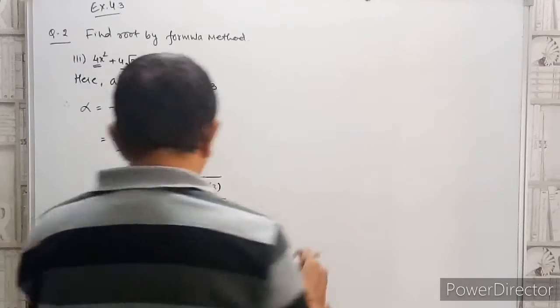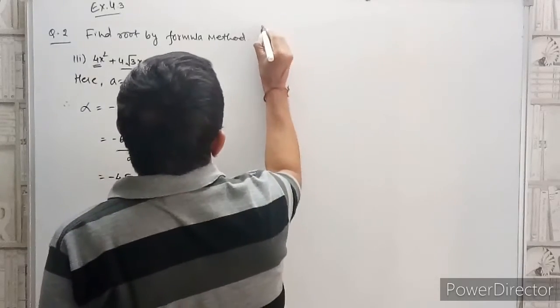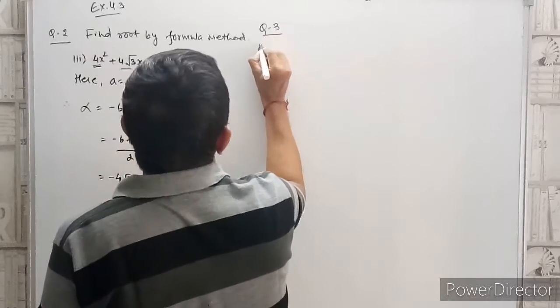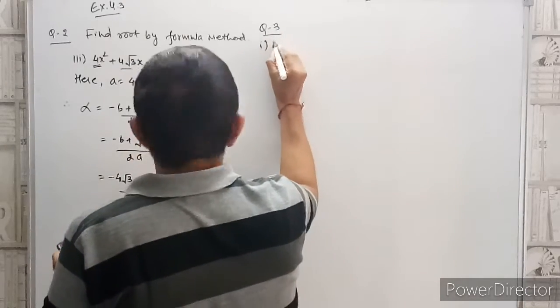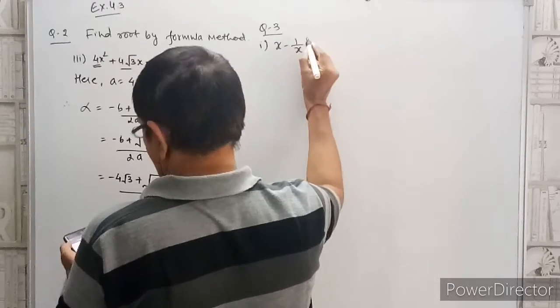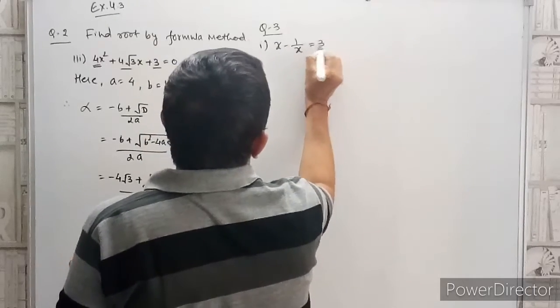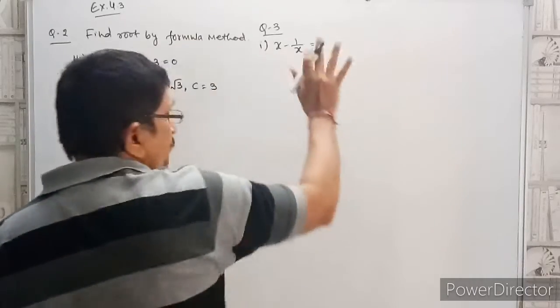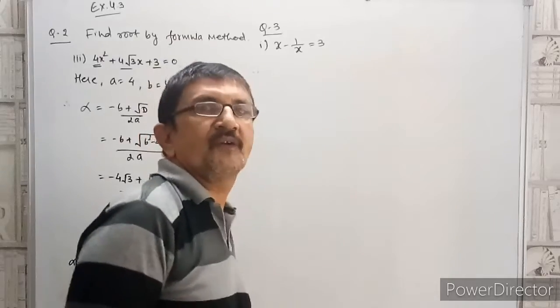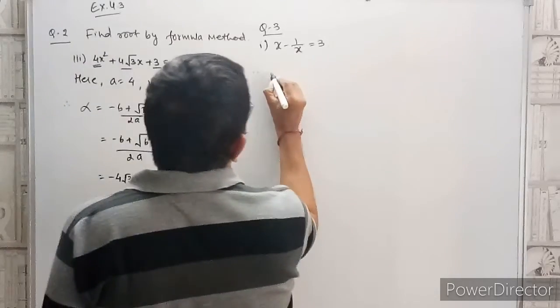Now question number 3. Find the root of the following equation. In that first one, x minus 1 upon x is equal to 3. First we have to simplify this and form the equation in the form of ax square plus bx plus c.